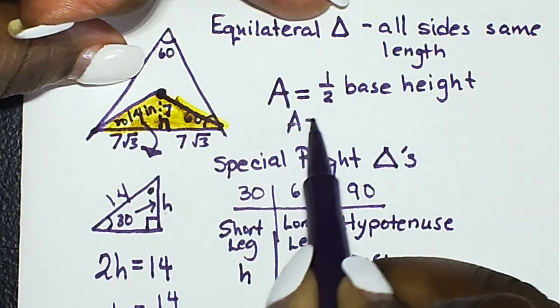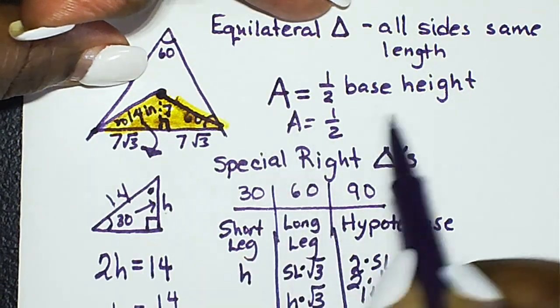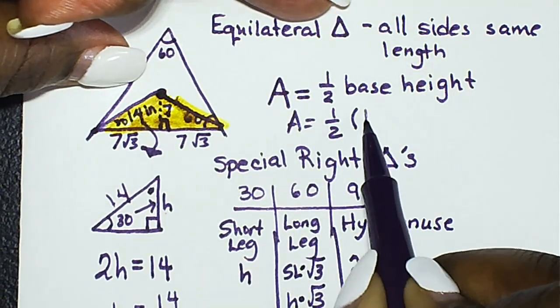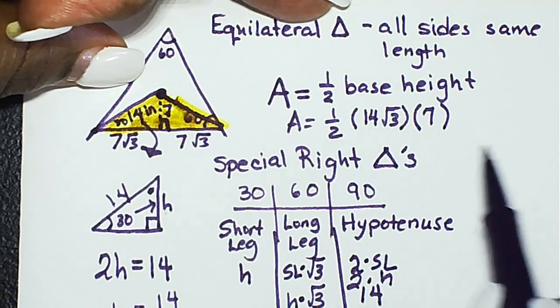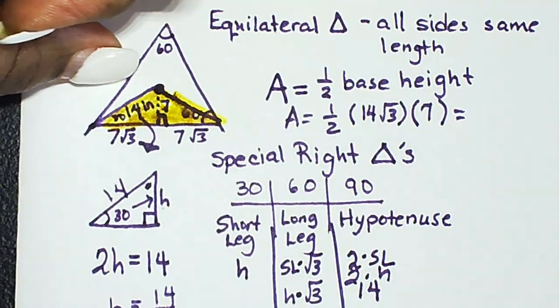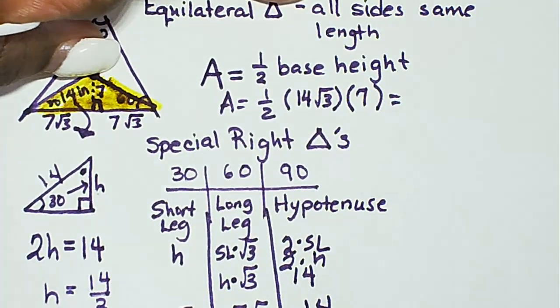So the area is going to be 1/2. The base is 14 square root of 3 times the height, which is 7. Put this in a calculator. All right.